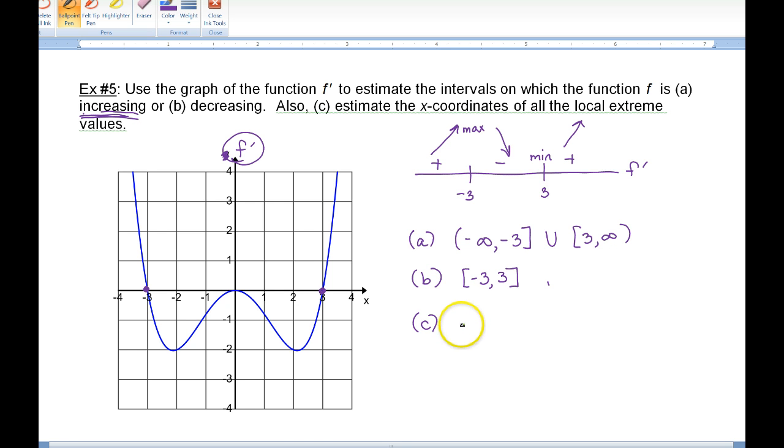So I can see there's going to be a maximum at x equals -3 and a minimum at x equals 3. We don't know the y-coordinate. We don't have enough information to find out that y-coordinate at this point. Later on, we will find out a way to determine that, but until then, we can only find the x value.